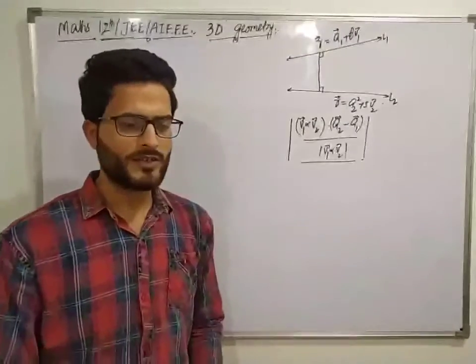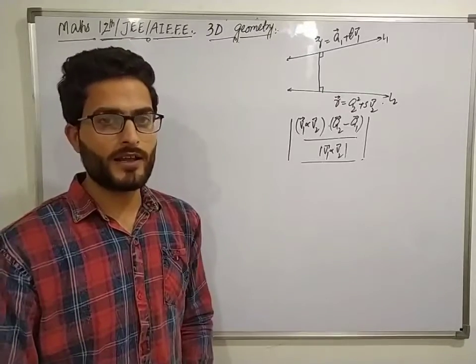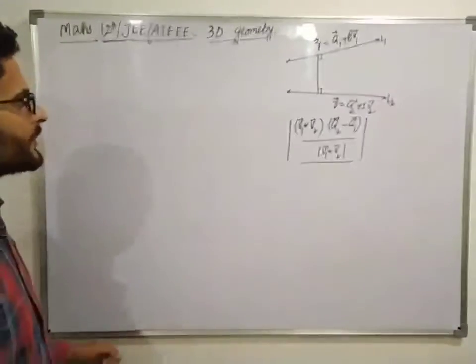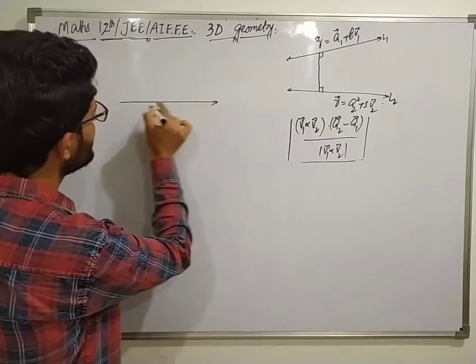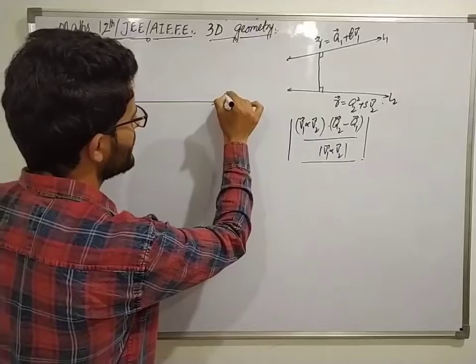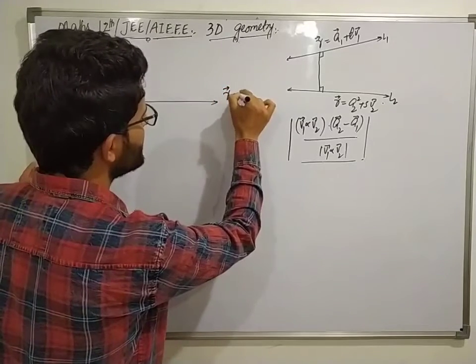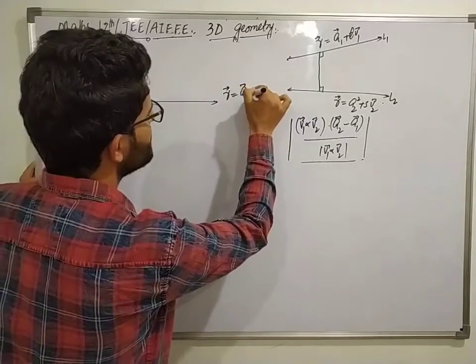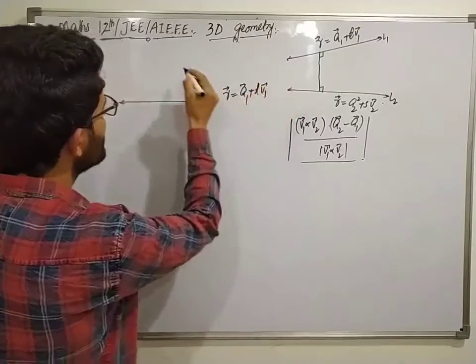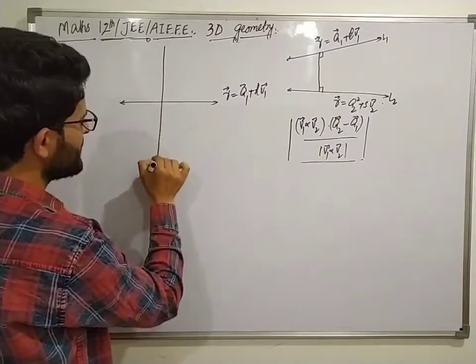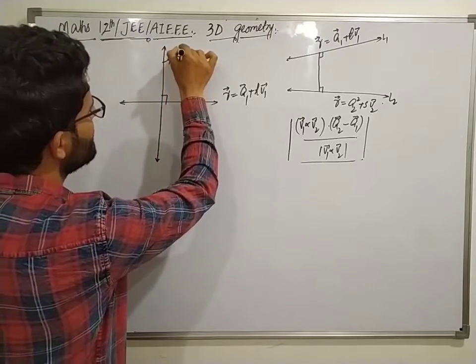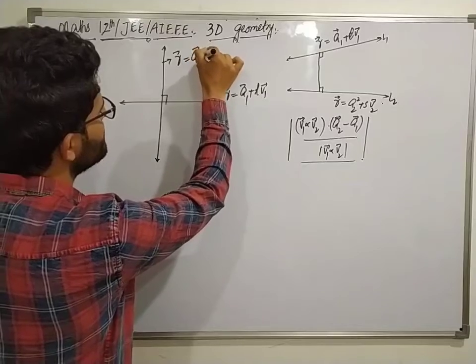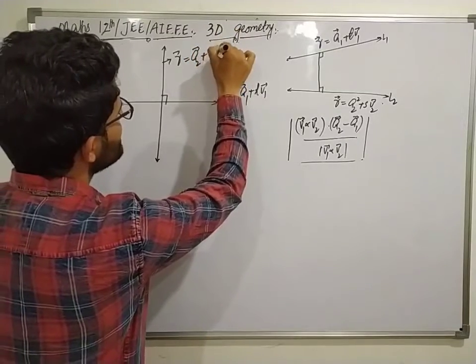Now here we are going to discuss two important concepts regarding these lines, and they are, if two lines are perpendicular. Suppose this is our line first, represented by the equation R vector is equal to A1 vector plus T times V1 vector, and you have another line which is perpendicular to line first, and suppose that line has its equation as R vector is equal to A2 vector plus S times V2 vector, right?